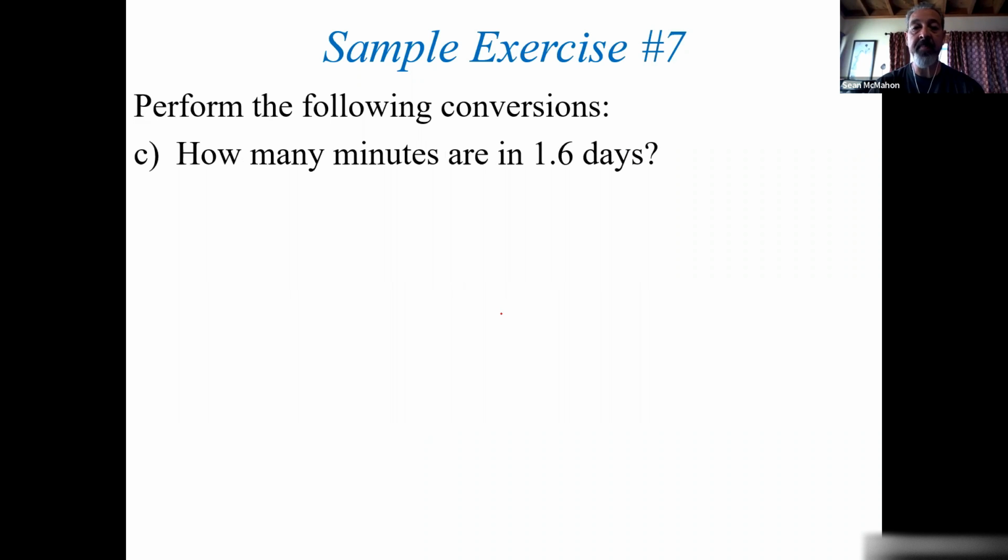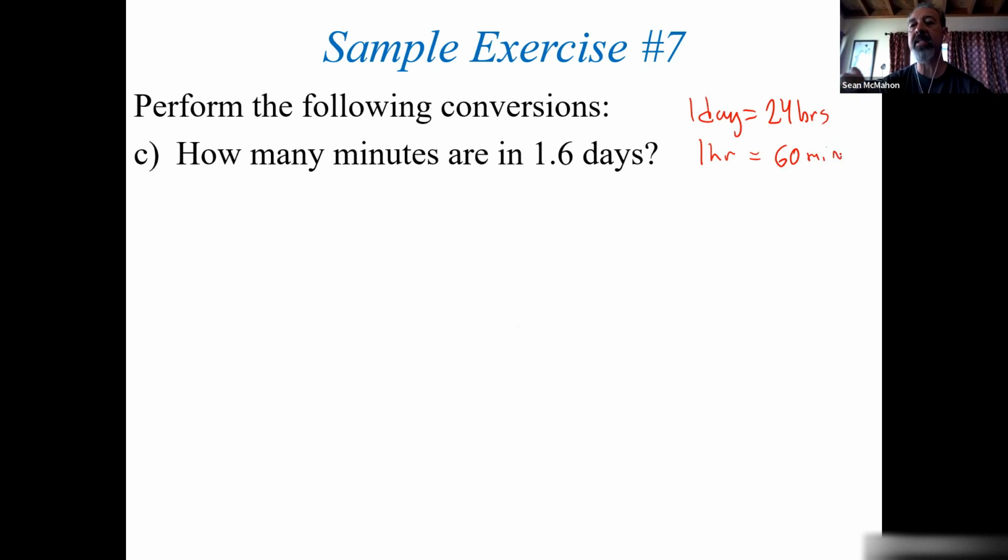C, how many minutes are in 1.6 days? Okay, so now we're going from days. We can't go straight to minutes, right? So what could we do? Maybe 1 day is 24 hours. We can do that. And 1 hour is 60 minutes.